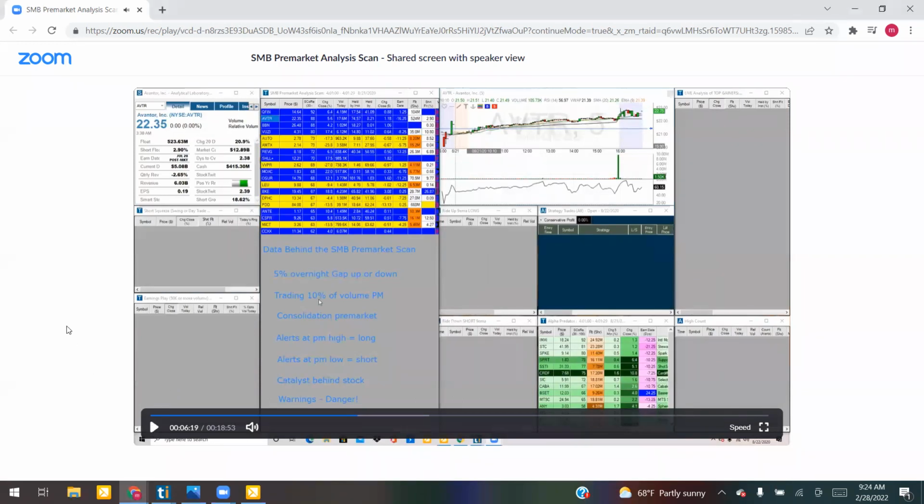And again, what I'm really trying to say here with this SMB scan or play, you're going to find two trades that are going to develop out of this. One is going to be a quick scalp, when the stock breaks out of consolidation and breaks that pre-market high for a long or pre-market low for a short.